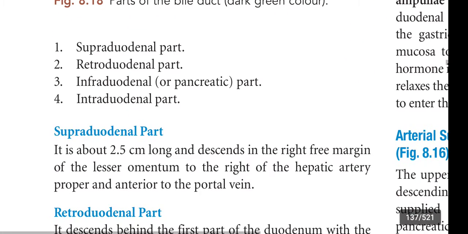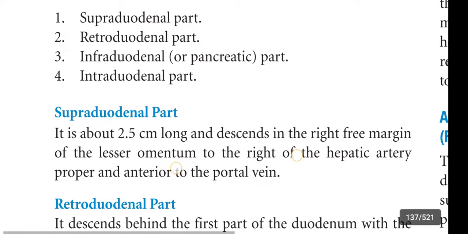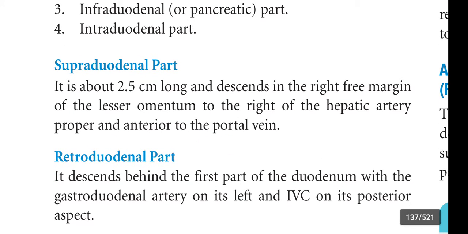We learn detail about each part. First, the supraduodenal part.